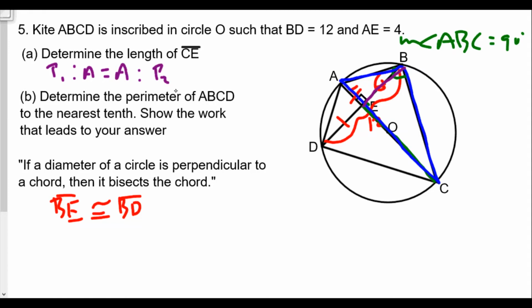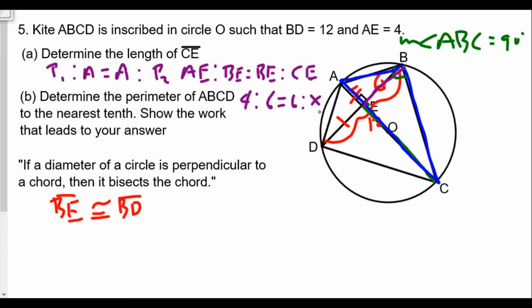In this situation, we have AE is to BE as BE is to CE. So here we have 4 is to 6 as 6 is to x.